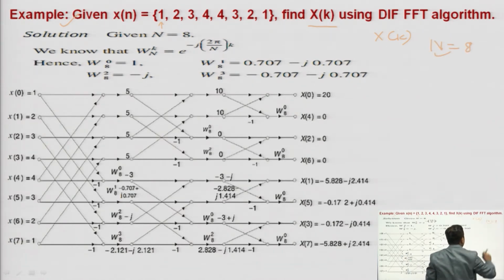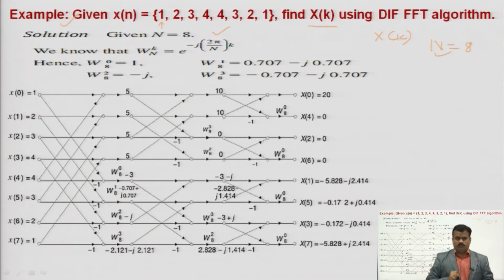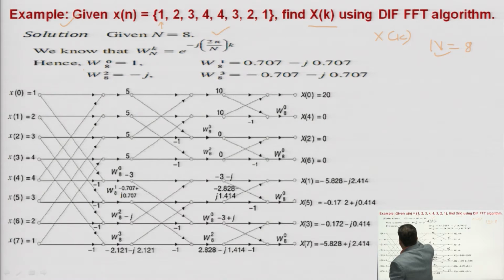At first you have to calculate all the twiddle factors. If N is equal to 8, you find 4 twiddle factors, because W_N^k is equal to e to the power minus j 2 pi by N into k. Here capital N is equal to 8. So W_8^0 will be 1.